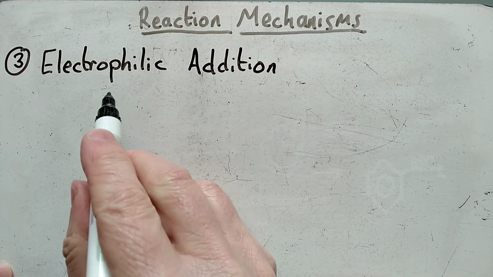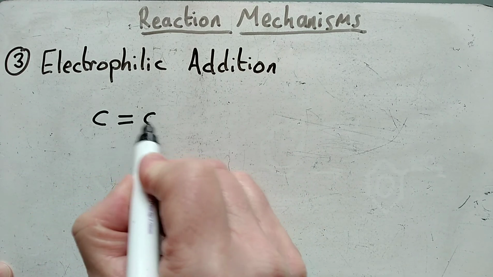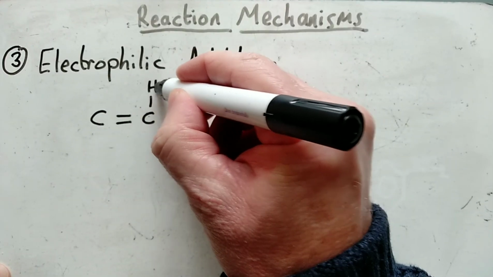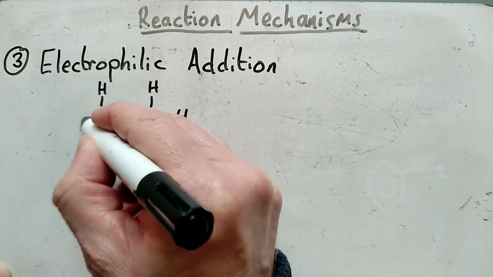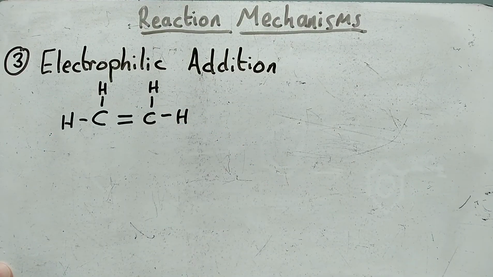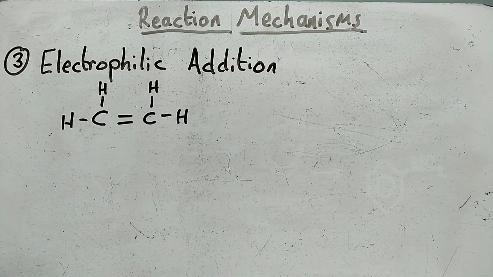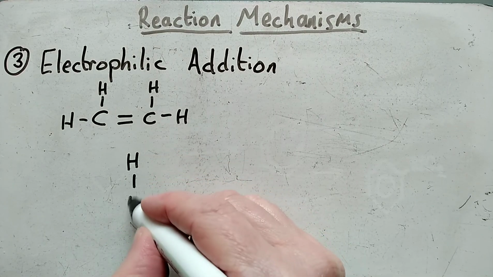Now for electrophilic addition to happen, we need a double bond. Simplest compound with a double bond is ethene. So I'll draw it like this so I've got plenty of space. So we've got a double bond here, which is a region of electron density. The thing that I'm going to have attacking it is HBr.